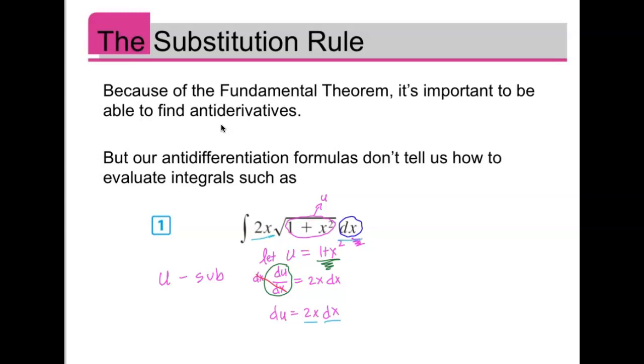What's that going to become? du. Awesome. So now my integral is this. The 2x dx got replaced with du. What's under the square root gets replaced with u, and everything's accounted for. So now I'm just looking at the integral of root u du.